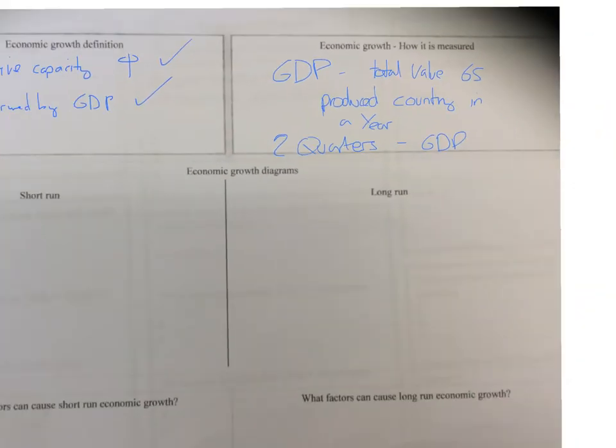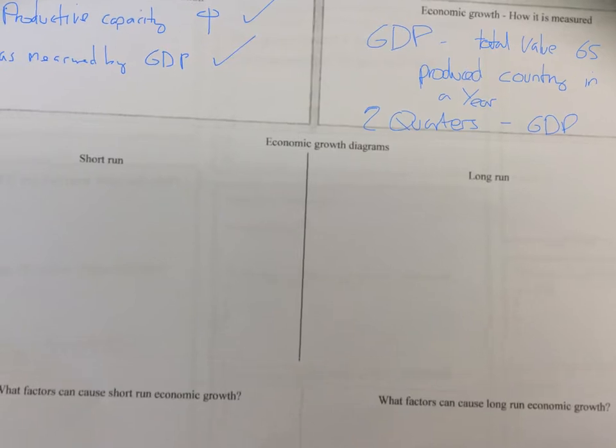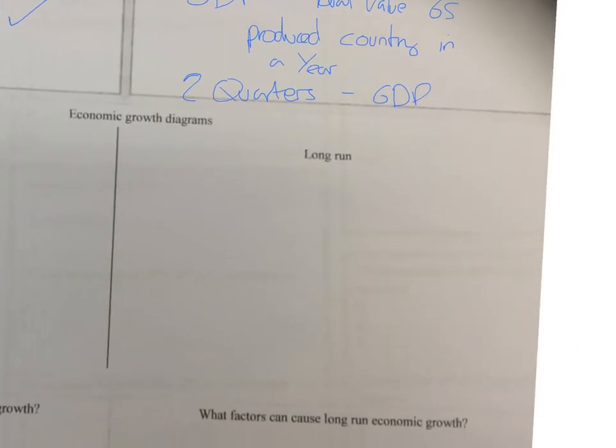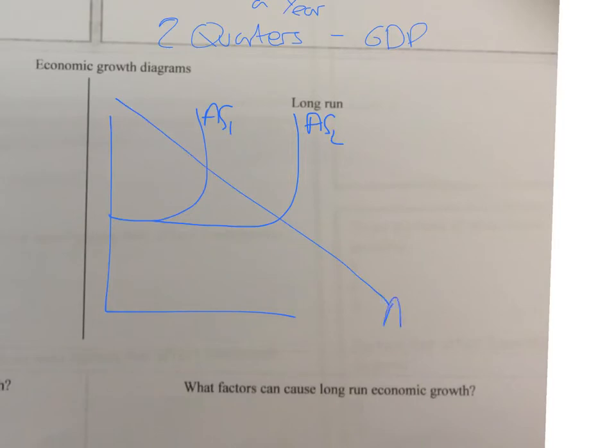Right, here we go. We're going to go through the 2 diagrams here. I'm going to start off with long run economic growth because it's the only one which fulfills the 2 parts of the definition. Short run doesn't. So for long run economic growth, the first diagram you'll do is just the AS line shifted outwards like this. And you do a demand line quite high to make it easy for yourself.